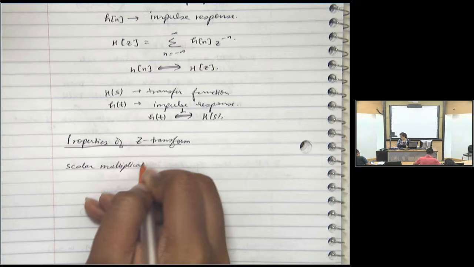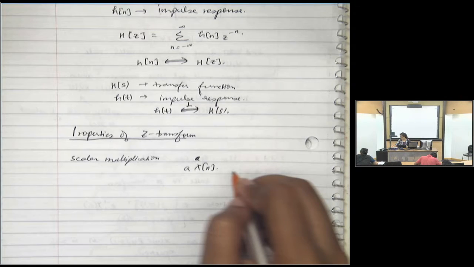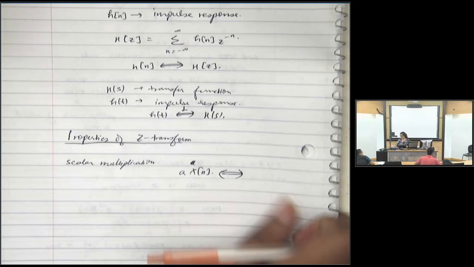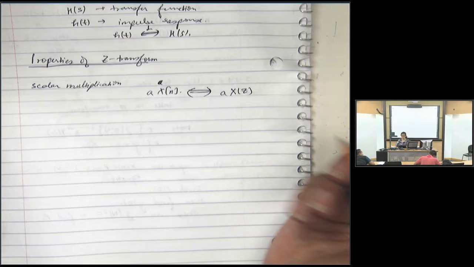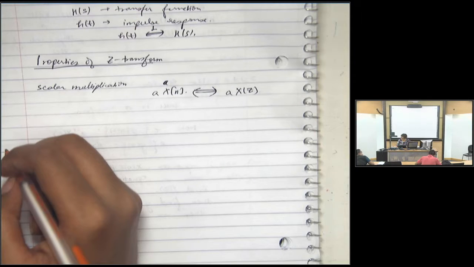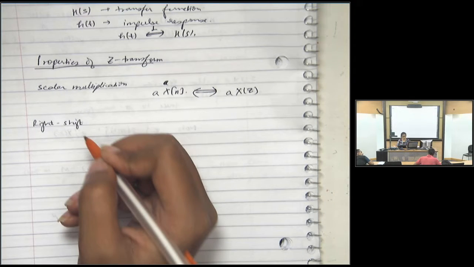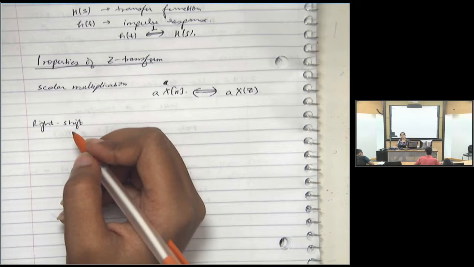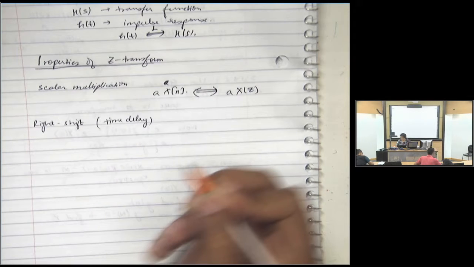What it states is, if I have a function x of n and I multiply it with a scalar a, then the Z transform will be a times X of z. The scalar is just a multiplication and stays the way it is. Then we have right shift. What is right shift also equivalent to when you shift a signal to the right? Time delay, correct. So right shift or time delay.